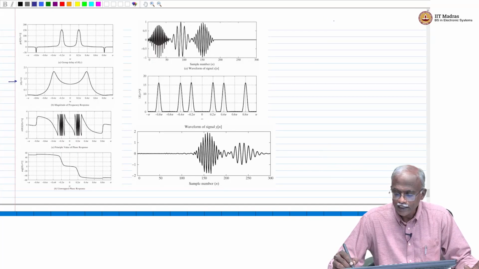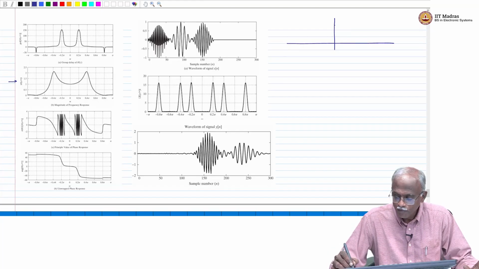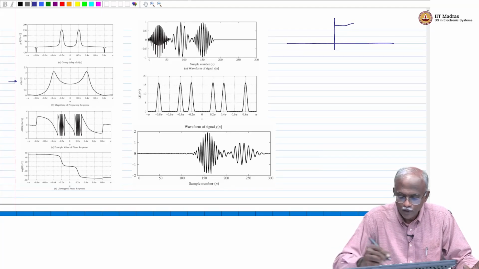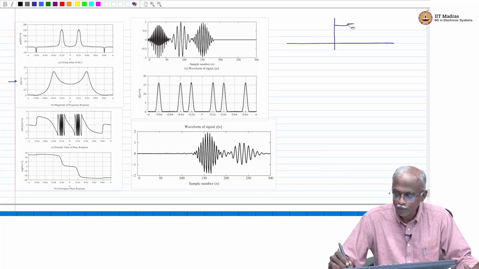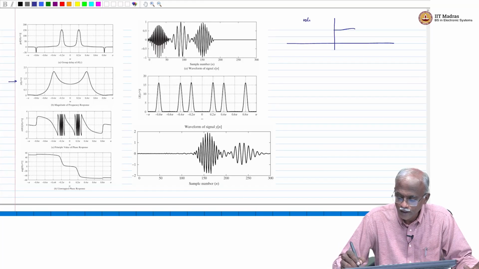So it is going to remain flat, and then gradually increase about 0.4 pi. On a log scale, I'm plotting 10 log 10 of the magnitude response of H of e to the j omega.